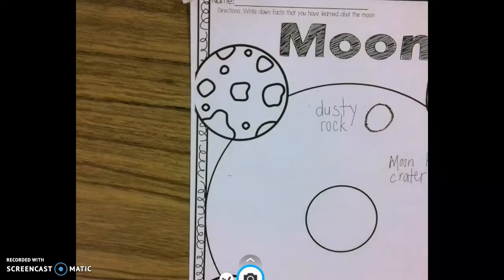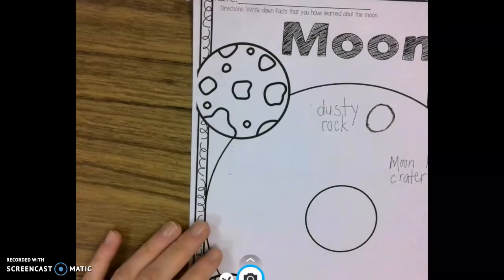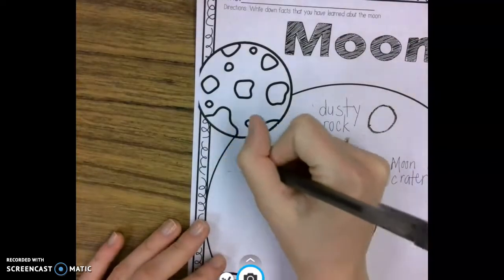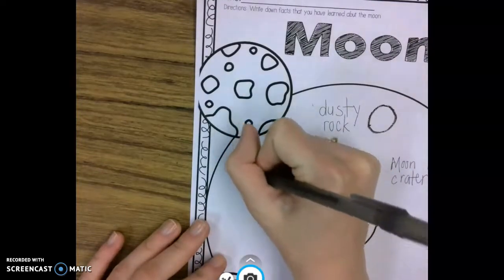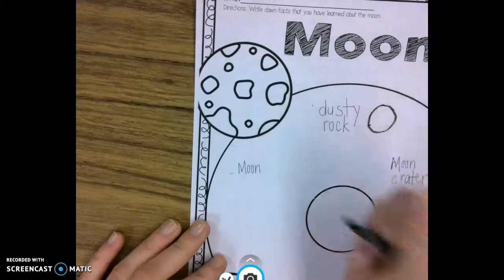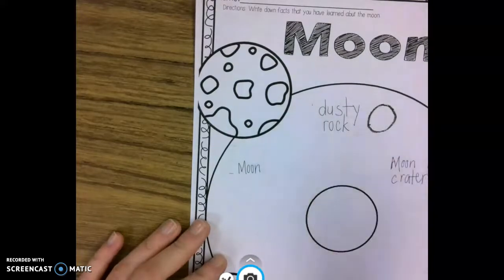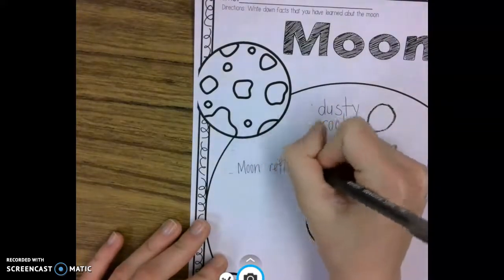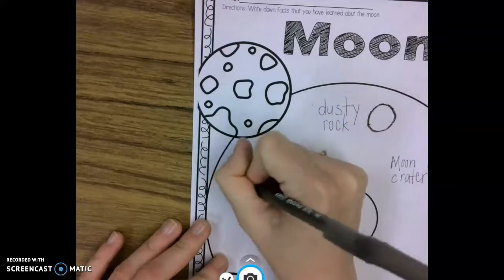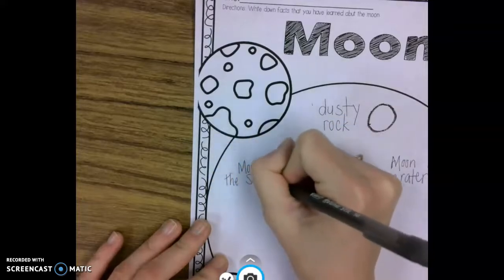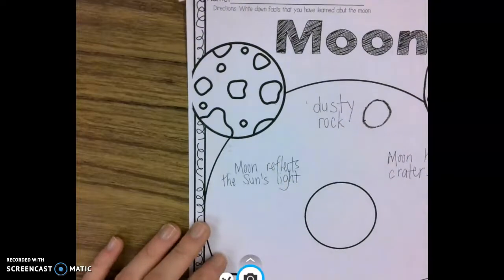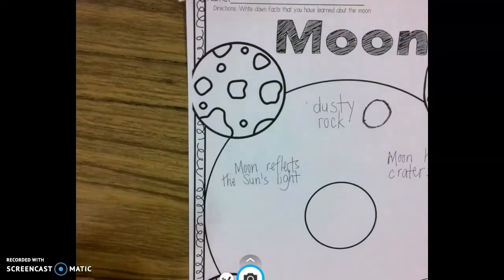Another thing you might have noticed is the moon doesn't make its own light. So the moon reflects the sun's light. I'll give you a second to write that down if you'd like to.